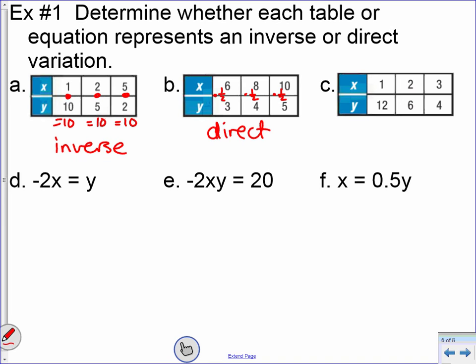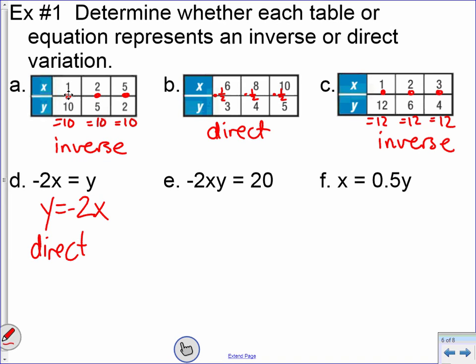And C, looks like I'm multiplying and getting 12 each time. So that's another inverse variation. If D doesn't look familiar, try some symmetric property on it. Clear the y's first. This is straight up y equals kx, direct.